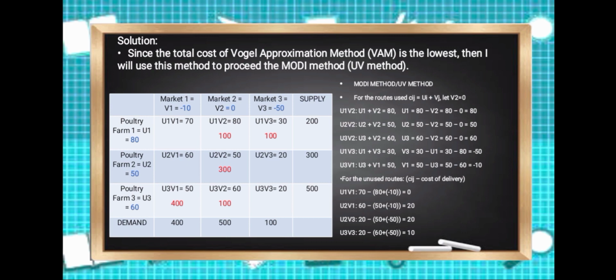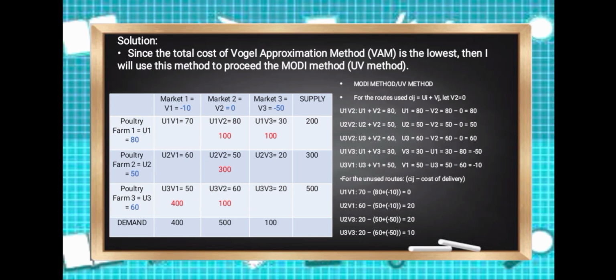For the unused cells, we use the formula Dij equals Cij minus the cost of delivery. For U1 V1, the value is 70, minus the cost of delivery, which is 80 in U1 plus negative 10 in V1. So 70 minus 80 plus negative 10 is equal to 0.